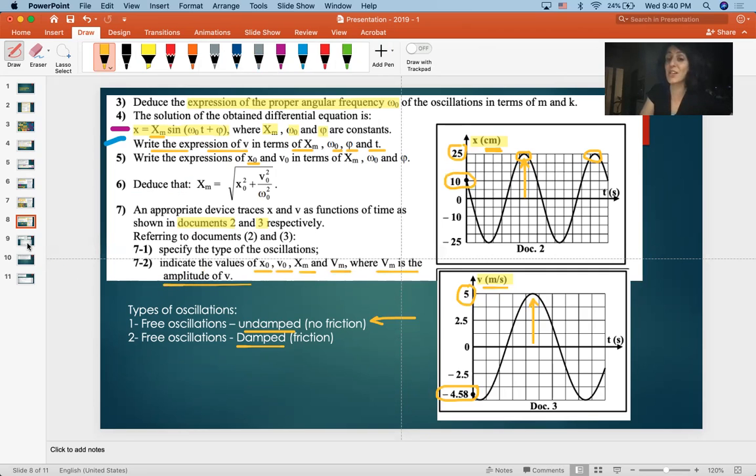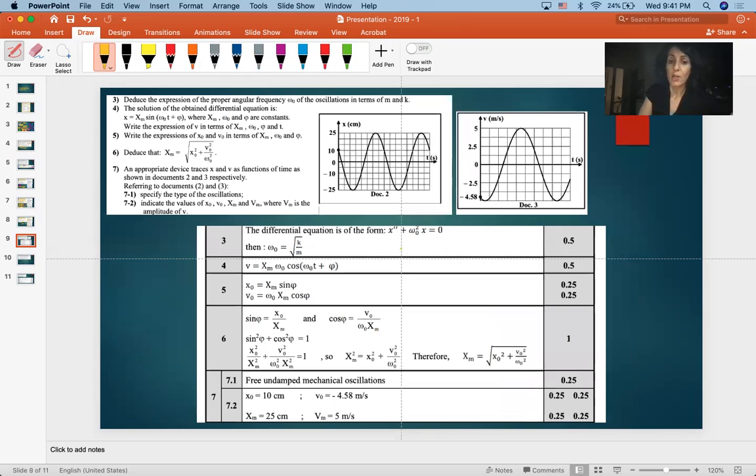Yeah, so now let's check the answers. So they already said that this is the differential equation and W0 squared is everything under the x. Fair enough. They did the derivative and this is what we did. They wrote the x0 equation, the v0 equation. Then they wrote sine, cosine, and they used this famous identity. And they plugged in the values, this instead of sine and this instead of cosine.